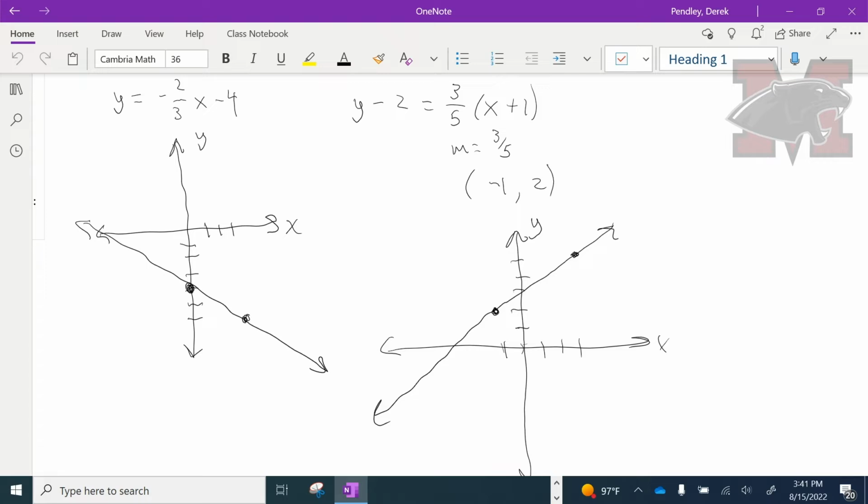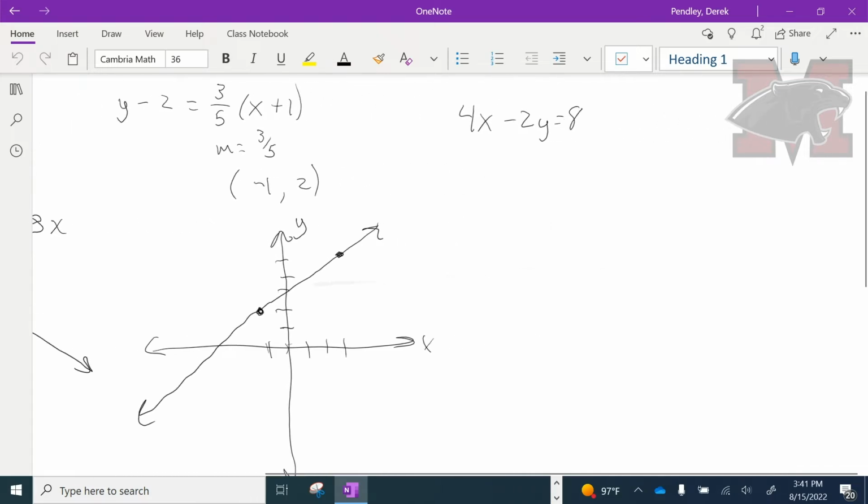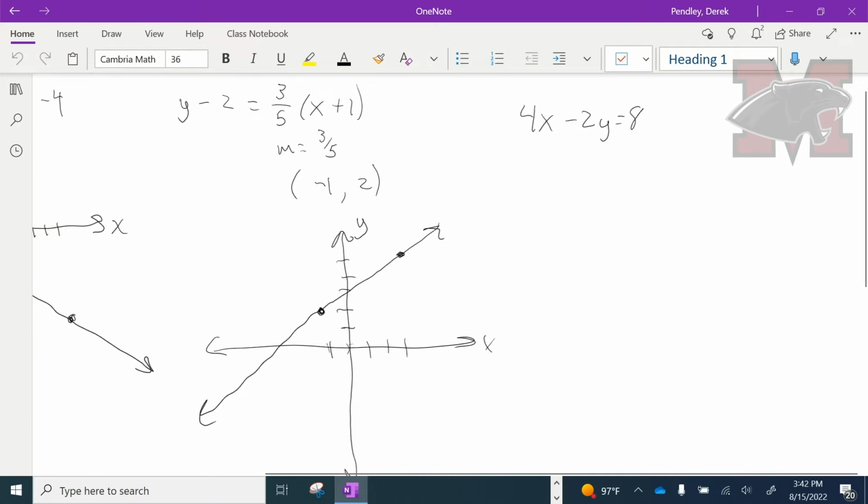All right, next up, 4x minus 2y is equal to 8. So remember, in standard form, you're really looking for the x and y intercepts.